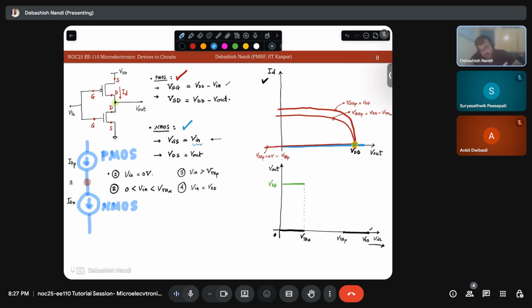If it is VDD, VGS, so NMOS will have some high current. NMOS current will be like this. Similarly, this is your VGS equal to VDD, and this is your VGSN equal to VDD minus VTP or VTHP, the threshold voltage, right?